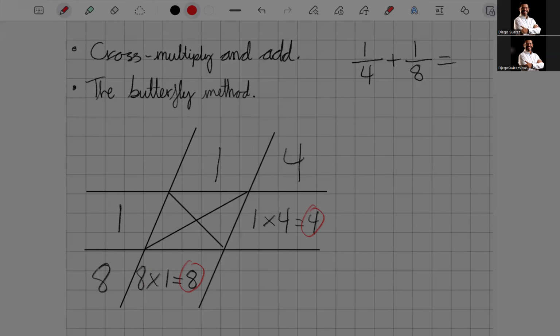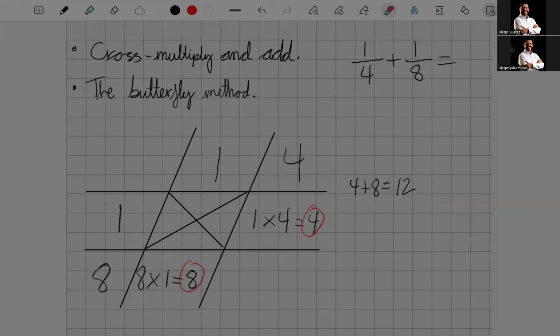Now, what we do with these two numbers is that we're going to add them. So 4 plus 8, which is what we're doing here, right, equals 12. Okay, now we have the numerator ready.